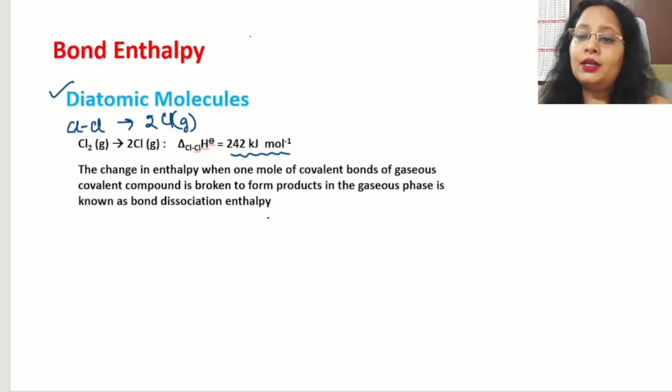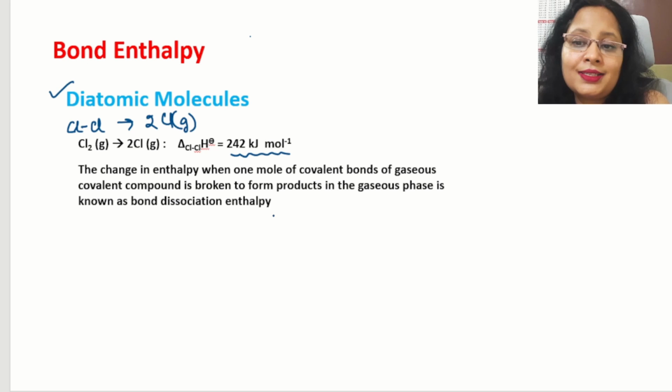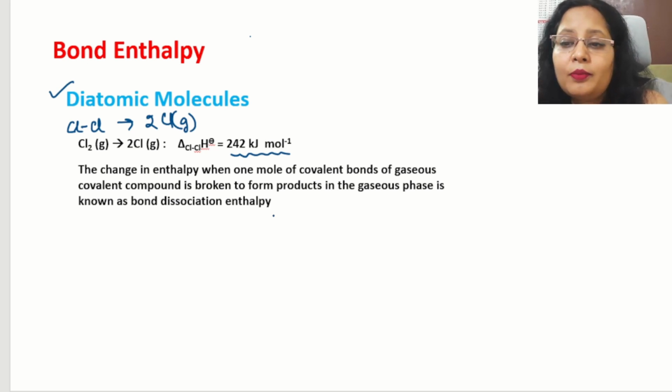Clear? So for diatomic molecules, the chlorine-chlorine bond is breaking and the molecule is giving atoms. The chlorine molecule turns into atoms. So we can say it is the enthalpy of atomization.